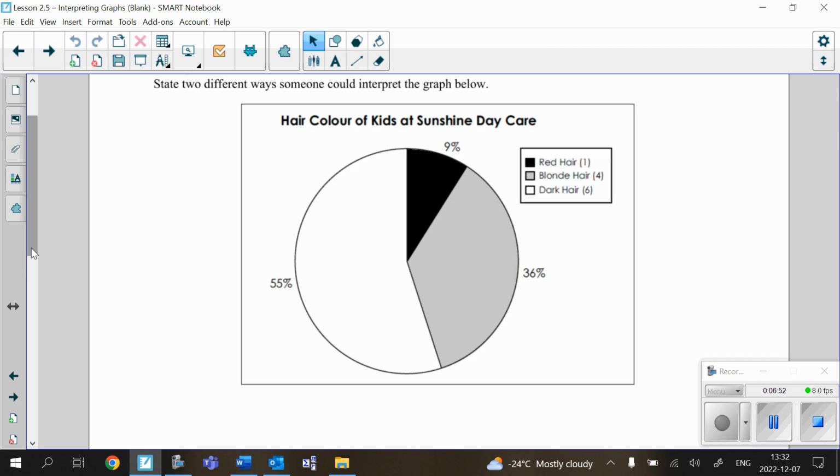And now all of a sudden we're making a different conclusion. So not only with circle graphs, you want to look at the percentages, you can draw conclusions from there. But if you're given the numbers, you want to be careful how you draw some conclusions. I mean, yeah, you can say at this daycare, here's what's happening.